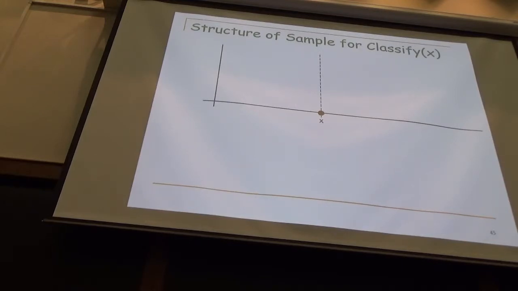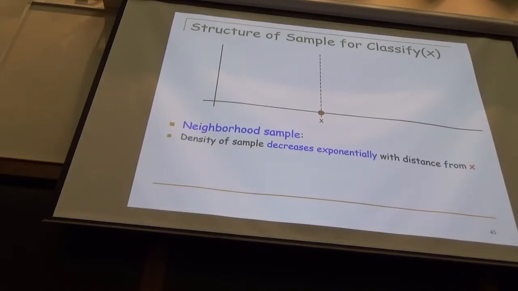And that means that sampling near x, I'm going to be sampling fairly densely. But as I get farther away from x, I'm going to be sampling much more sparsely. So the density of the sample decreases exponentially with the distance from x.